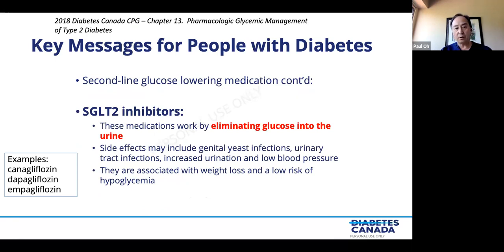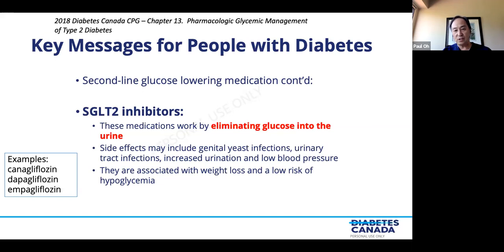One grouping is called sodium glucose cotransporter inhibitors, or SGLT2 inhibitors. Examples are shown in the lower left-hand box again: canagliflozin, dapagliflozin, empagliflozin. You see that they all have this suffix in their name, gliflozin. They have an interesting mechanism of action, and we're going to talk a little bit more about that, by encouraging elimination of sugar into the urine.